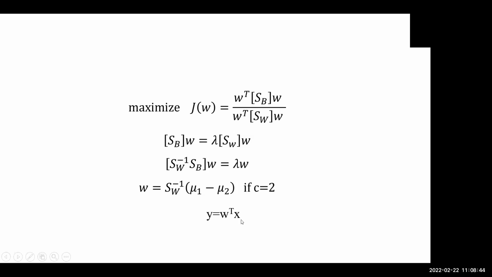When we know that W and we know our data points in our higher dimensional space, we can then use that W to project those points from the higher dimensional space down to a scalar space. We've reduced the dimensionality of the problem.